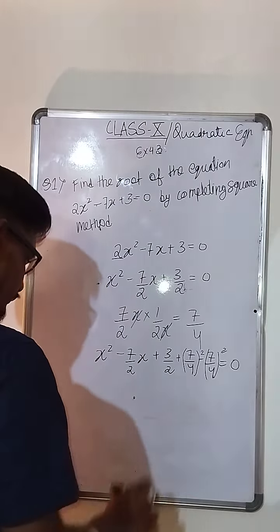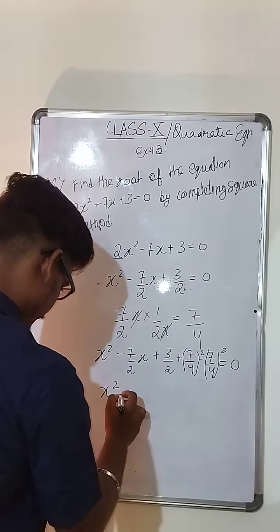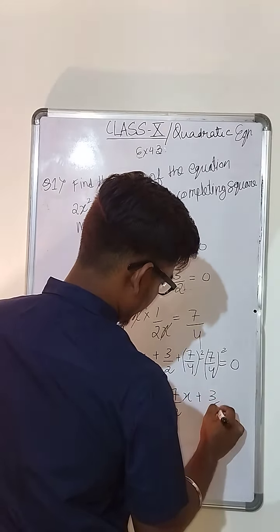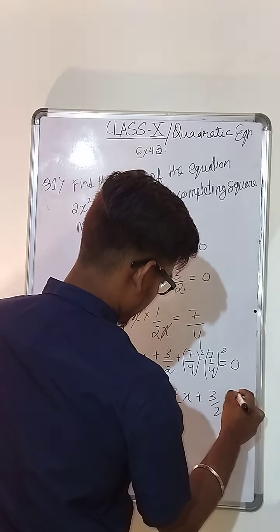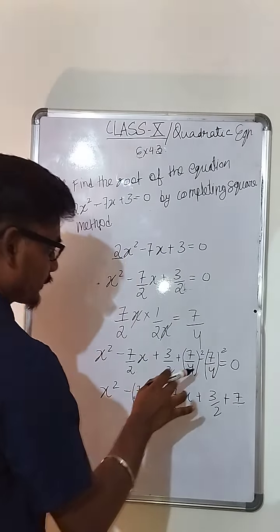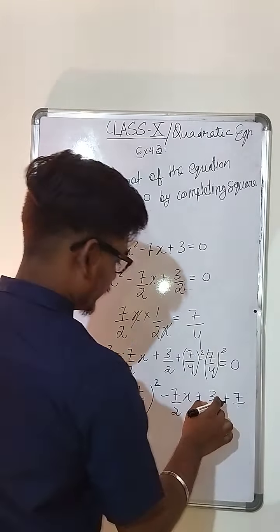Okay, so we need to square: x square minus 7x by 2 plus 7 by 4 whole square, plus 3 by 2, and it will become minus 7 by 4 whole square here.